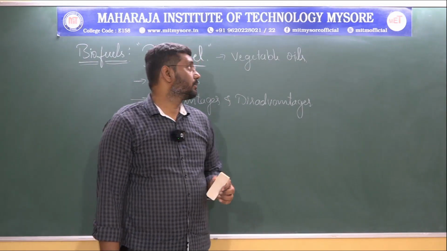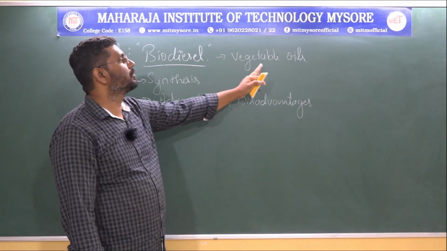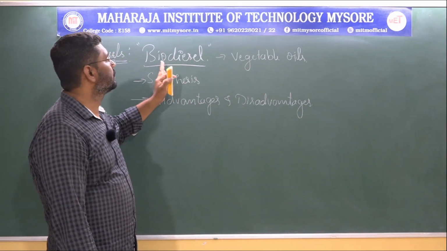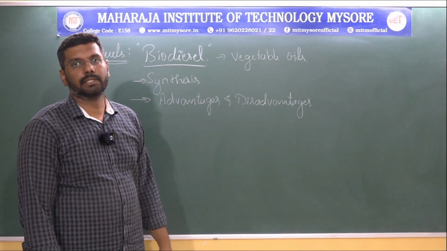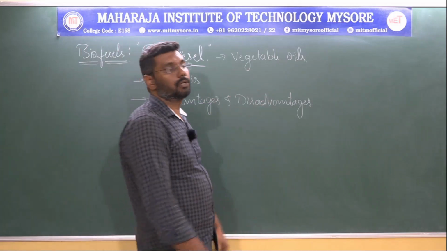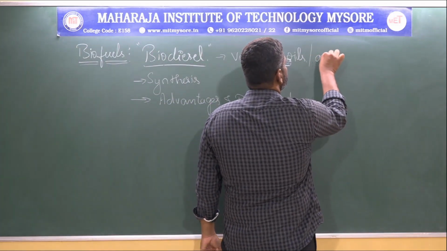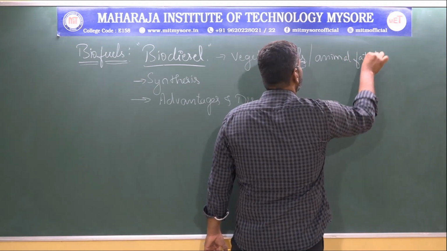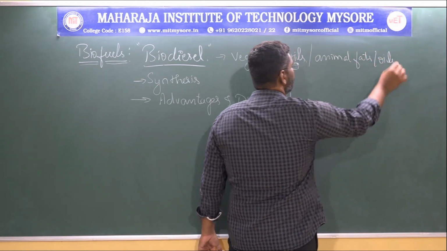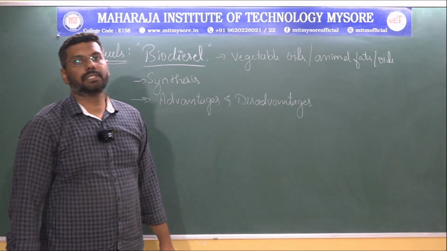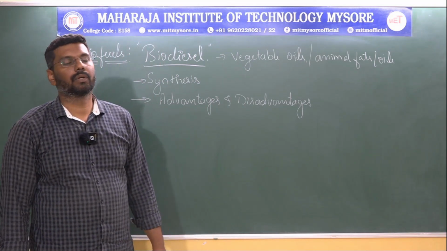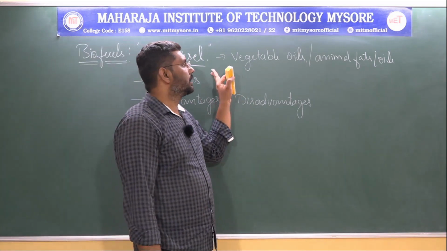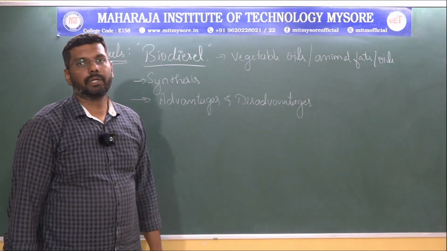So these are some of the examples where we are using these raw materials for the synthesis of biodiesel. Sometimes not only vegetable oils, we are also using some animal fats, or animal oils, for the production of this biodiesel. So biodiesel is obtained from such raw materials.